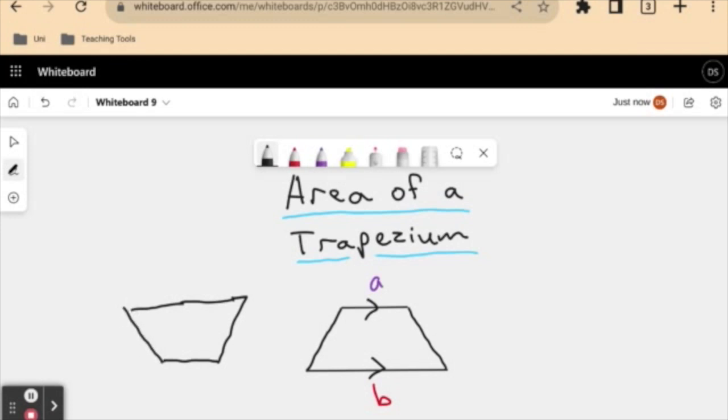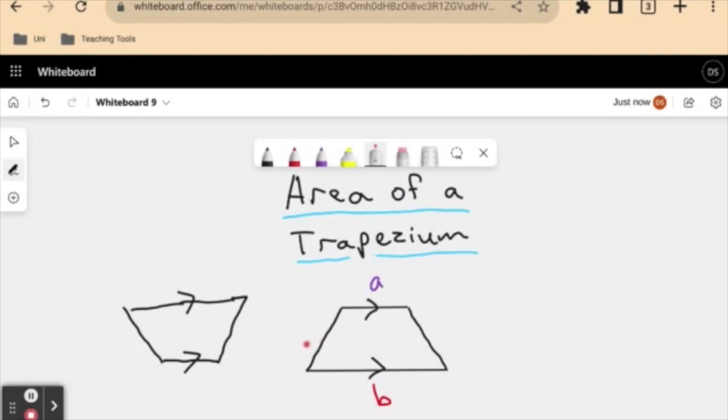Now, these are still going to be parallel lines. Now, what if I were to shift this new parallelogram that I've drawn across so that it perfectly meets with this side?